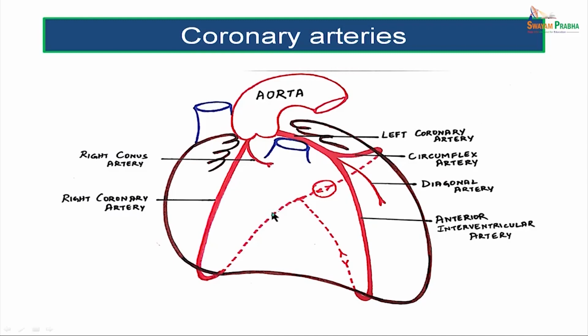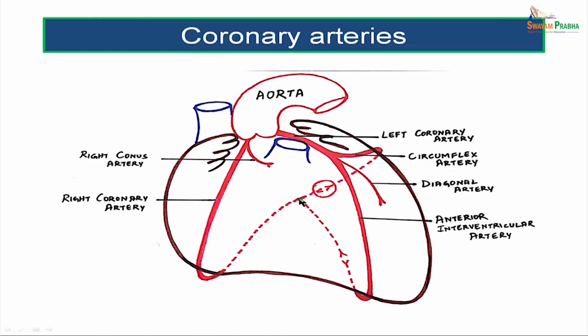What does it do? It runs on the posterior atrioventricular sulcus to reach the crux of the heart, and this crux of the heart is the junction between the atrioventricular sulcus, the interventricular sulcus and the interatrial sulcus on the posterior aspect.